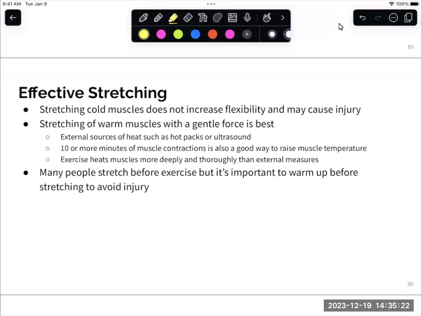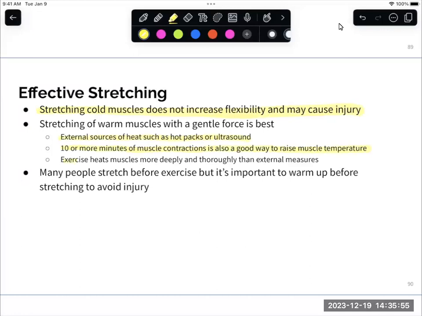So how can we help lengthen our muscles? Stretching. We mentioned it before, but stretching cold muscles will not increase your flexibility. You need to warm your muscles up before you stretch them. You can do it using external sources, but 10 or more minutes of muscle contractions is also a good way to raise the temperature of your muscles.